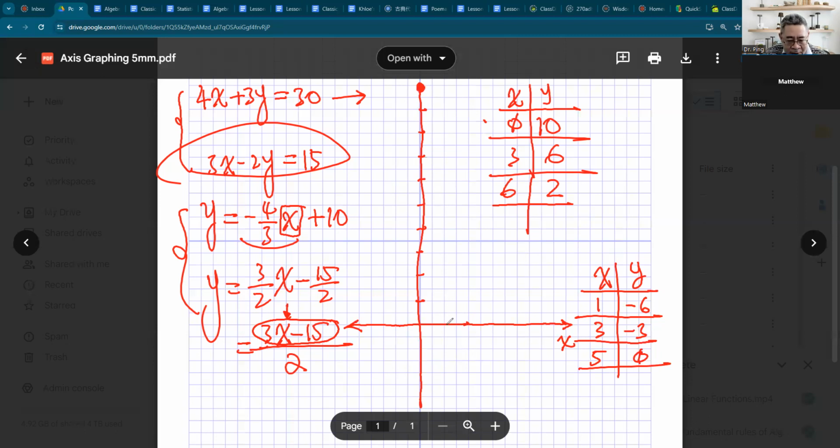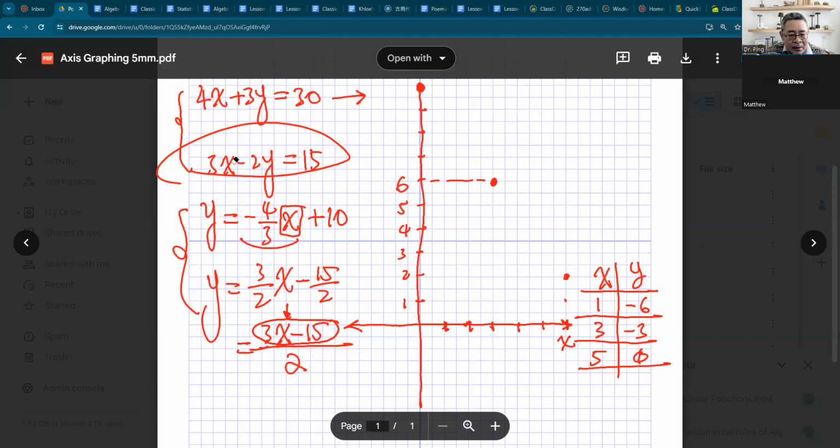And 3, 6, go up by 6. Then 6, 2, counting here. Okay, so I already did that one. So the line will be like that.